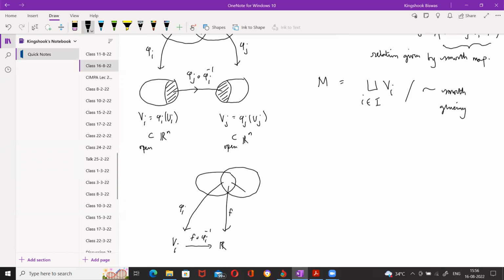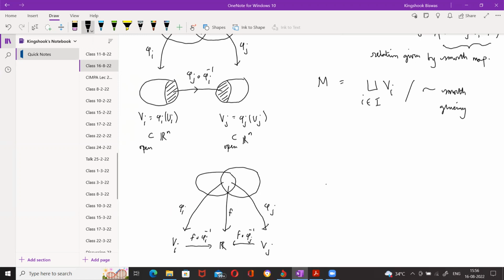Or I could go by phi j, and then I have a map on Vj, F composed phi j inverse.